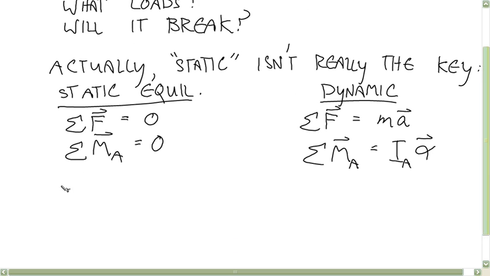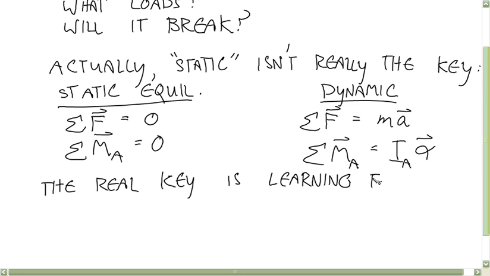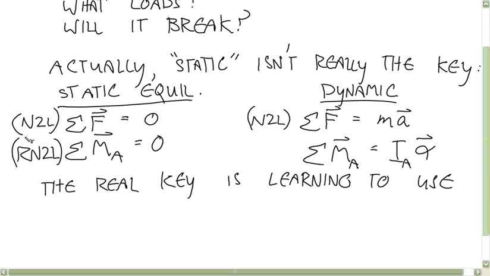The real key is learning to use, and I'm going to use this abbreviation all through this semester, I'll call this Newton's second law, N2L. And I'll call this one the rotational version of Newton's second law, Rn2L.